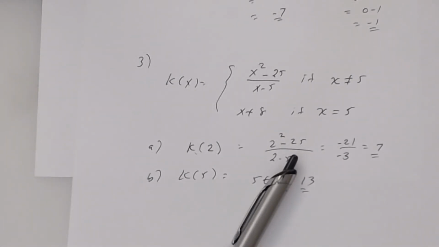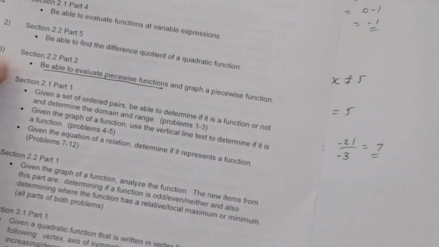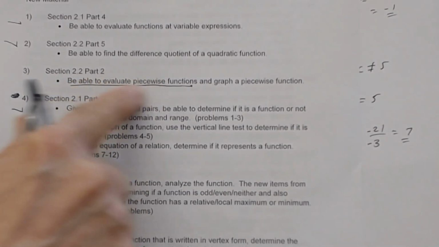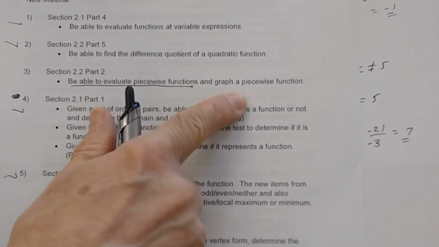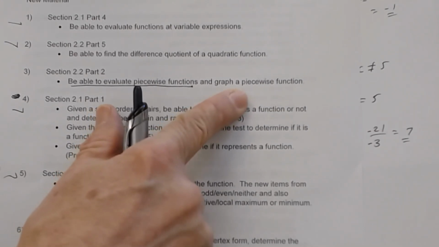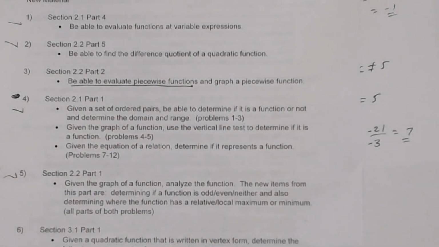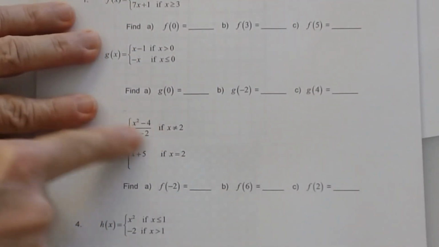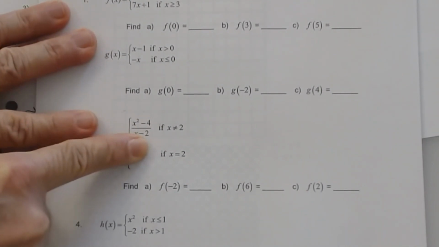Okay. All right, let me show you what I want you to do. On your study guide, do you see this part here? All we've done at this point was this one. We didn't do anything about graphing, right? We saw some graphs, but we didn't do it ourselves. So this is 2.2 part 2. We did all this. You see this right here? The one we just did, one like that.